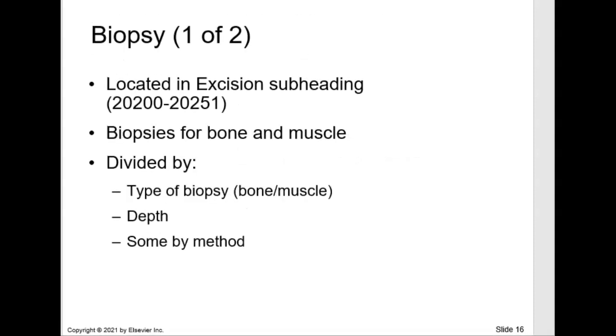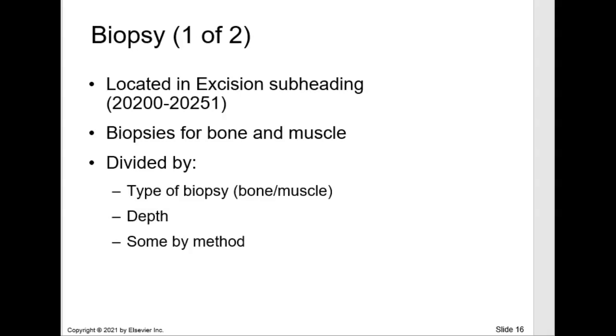All right, let's go to biopsy. One thing to remember, they are located in the excision subheading, and these biopsies are for bone and muscle. Okay, if you want different biopsies or more superficial, you're going to go into the integumentary system.